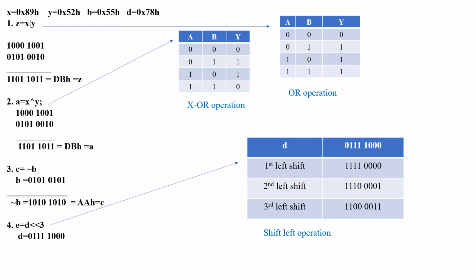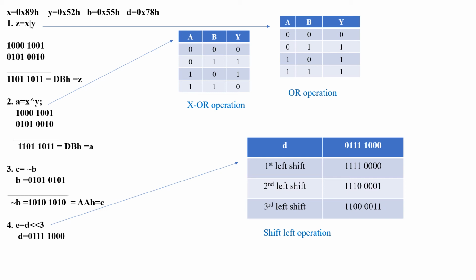So 1 0 is 1, 0 1 is 1, 0 0 is 0, and so on. So again the result is the same. Both results are the same, but we are applying different functions, the OR function here and the XOR function. Finally, put this value to port P1.